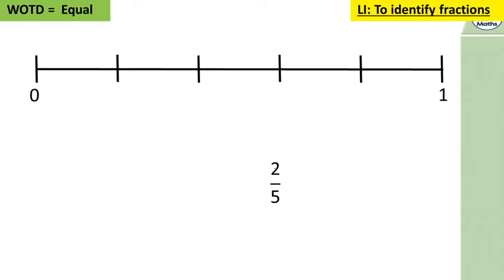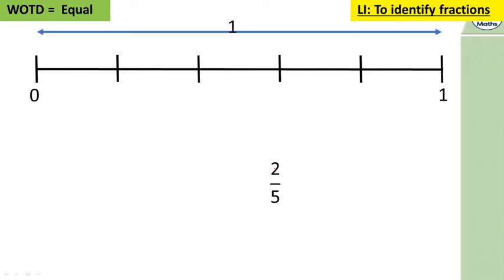Okay, so we want to show where 2/5 is on this number line. So we have both ends of the number line. They're labelled 0 and 1, and we want to find out where 2/5 is. So that's shown in fifths.